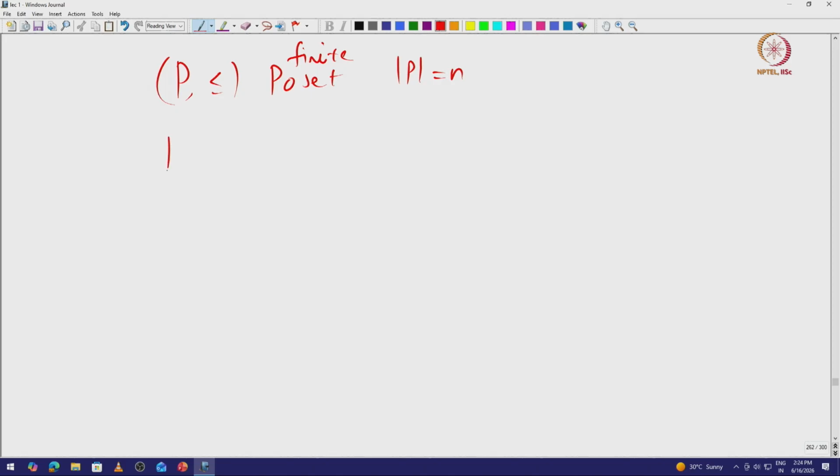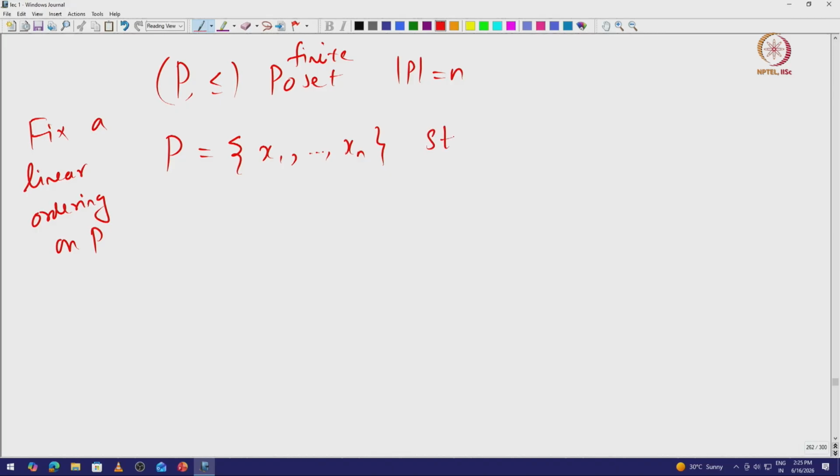We then list the elements of capital P as x_1 etcetera x_n with respect to that linear extension. So, we fix a linear ordering on P and then write P equal to x_1 etcetera x_n.